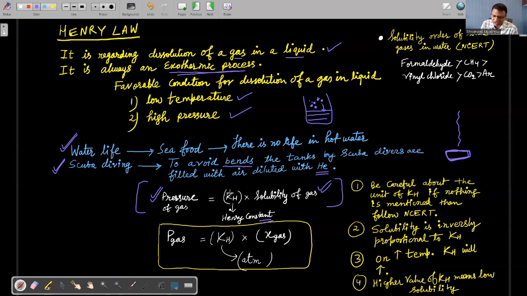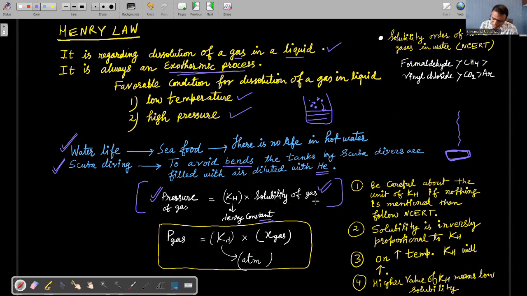If nothing is mentioned about the unit, then we take what is given in NCERT, because when we say the pressure of the gas is directly proportional to the solubility of the gas, this proportionality constant can be on the left hand side or the right hand side. In many books they can change the position, but if nothing is mentioned, we have to follow NCERT. For mains especially, it follows what is given in NCERT only. So the Henry constant unit is that of pressure, meaning this formula is valid.